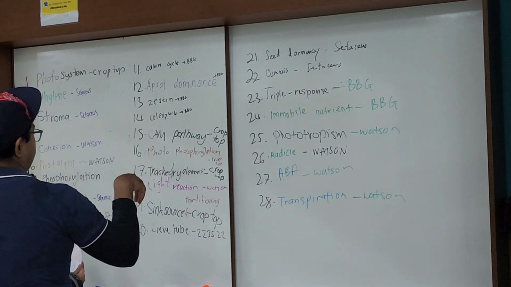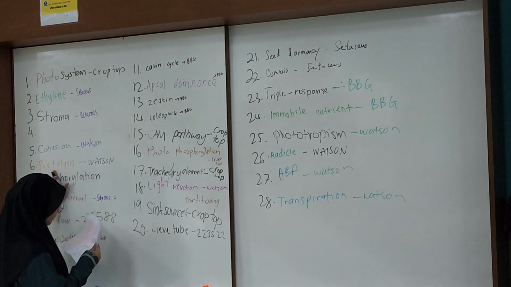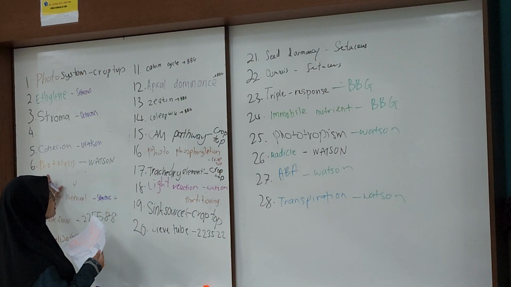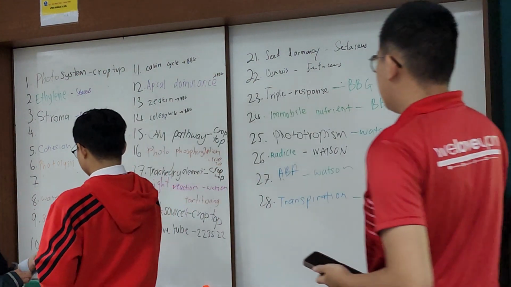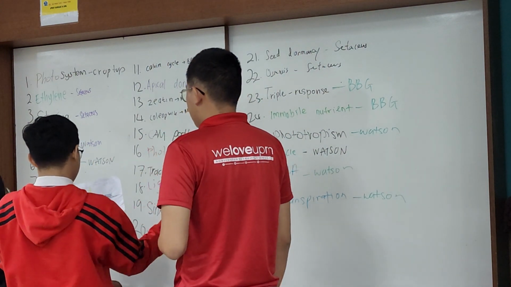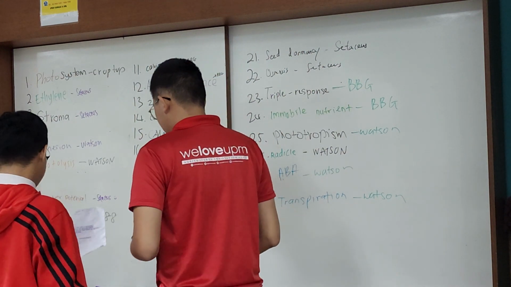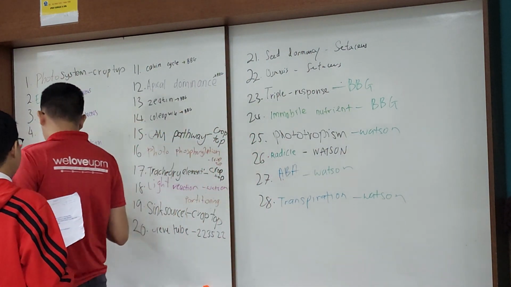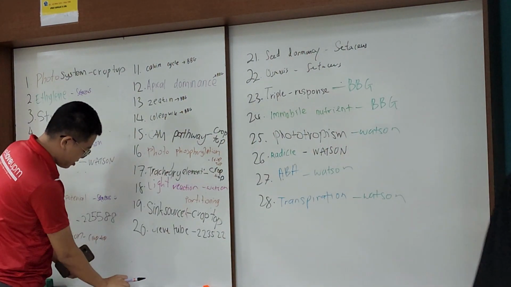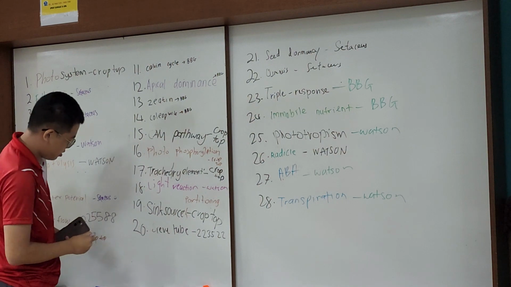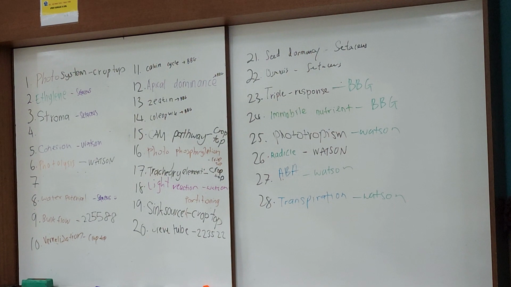Ni. Mana ke tadi? 16. Oh. Tak ada. Nah, any more? Tak ada. Makan punya pasal kan sanggup. Dah. Okay. Is that all? Ambil gambar. I'll add the marks later.